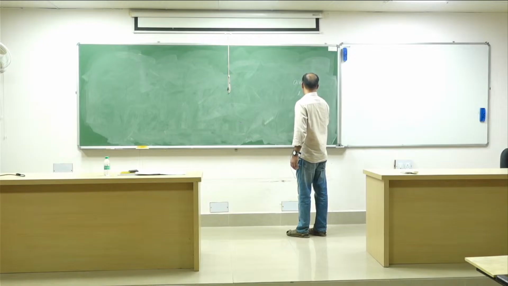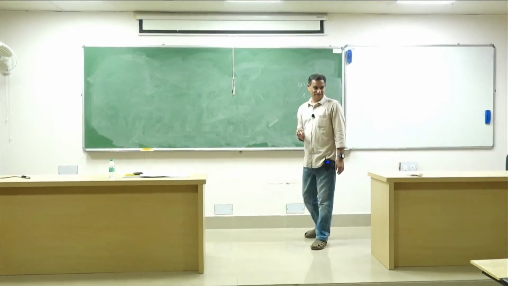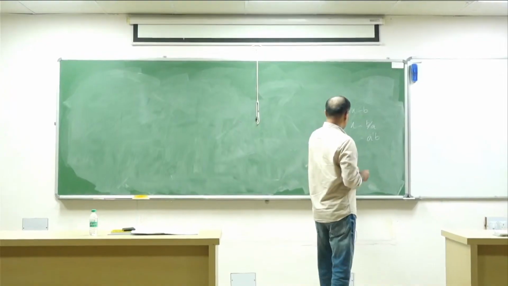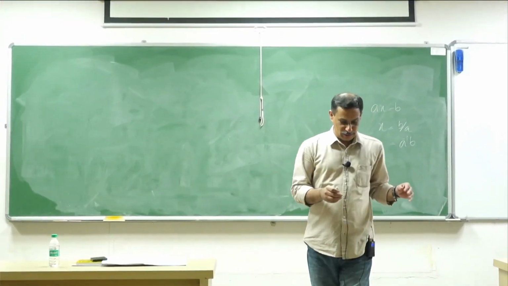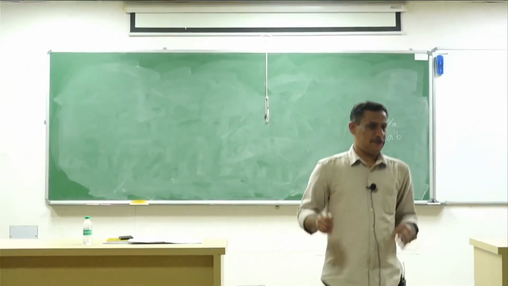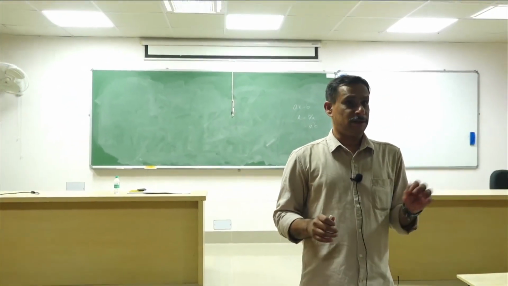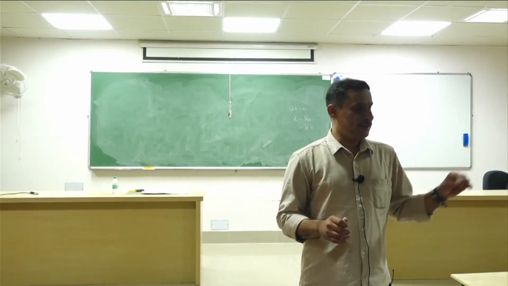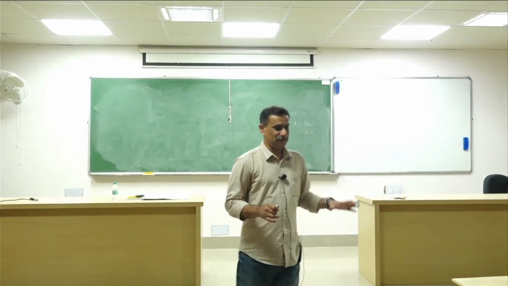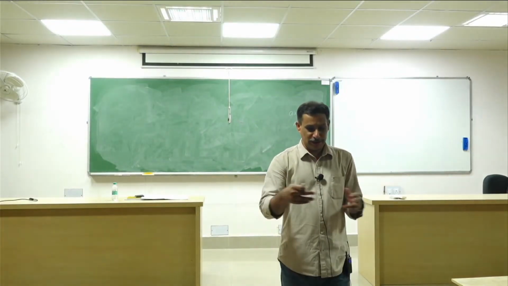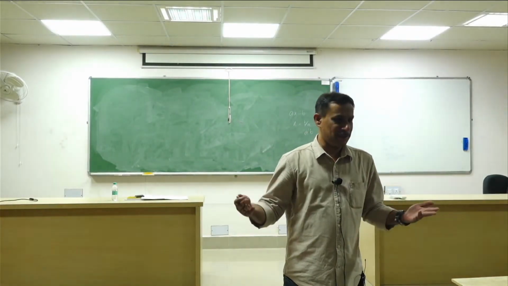But what is this? This is A inverse B. In the scalar case it is okay, but many times we have many equations. It is called a system of equations, or simultaneous equations. That means the solution satisfies all the equations simultaneously. So in that case it becomes a set of equations. Given the set of equations, you know how to represent them in mathematical form.